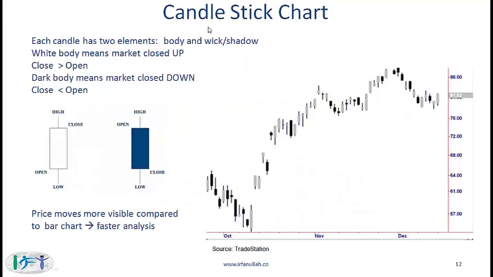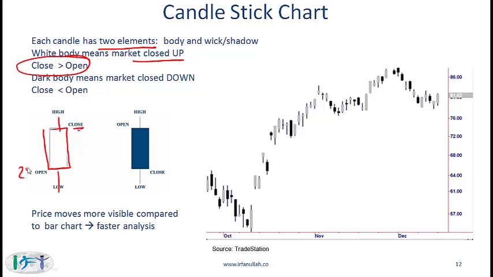A candlestick chart is very similar to a bar chart, but is easier to read. Each candle has 2 elements, a body, which is this main part, and a wick or shadow. A white body means that the market closed up. So the open is at the bottom, the close at the top. Close is greater than open.